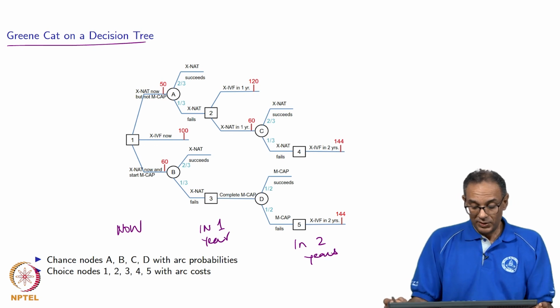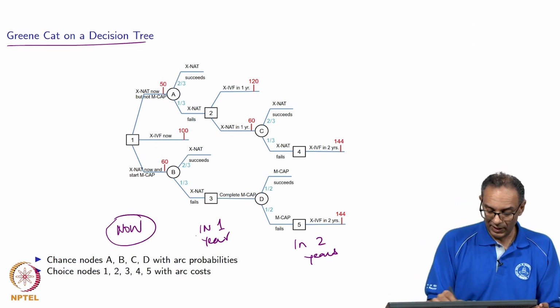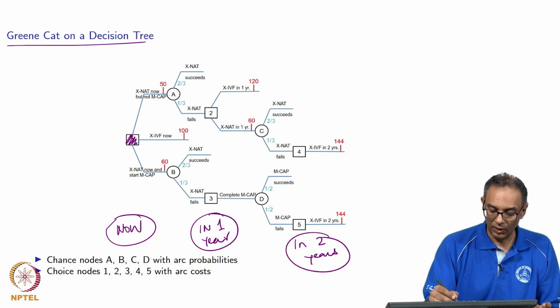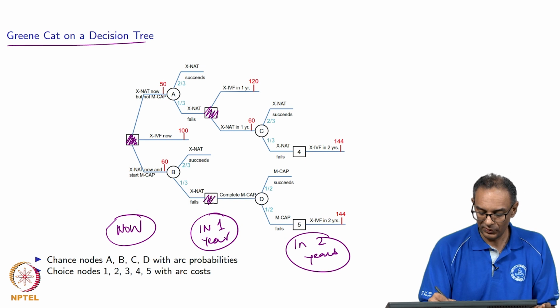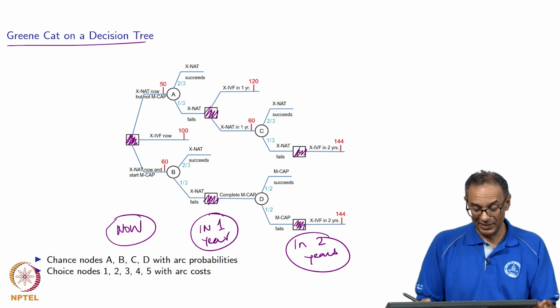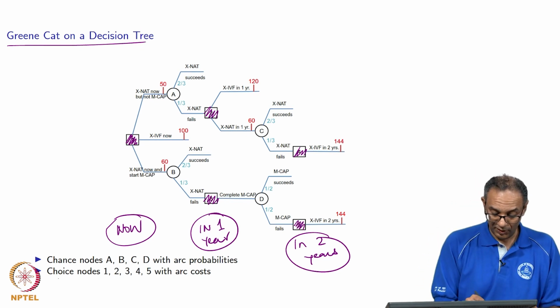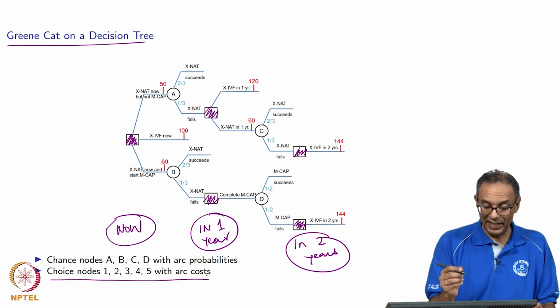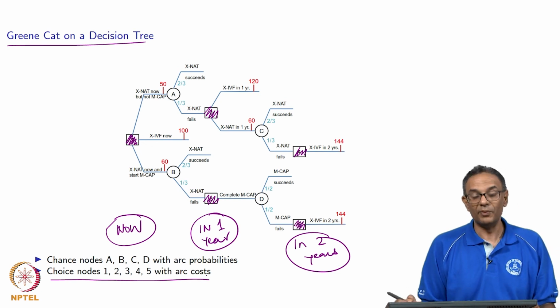Okay. So, this is how the timeline goes. This is now, this is in 1 year, this is in 2 years. So, here are your decision nodes. This is 1, this is 2, this is 3, this is 4, this is 5. The numbers 1, 2, 3, 4, 5 do not matter. These are decision nodes, or choice nodes, they are called choice nodes. And chance nodes are your A, B, C and D. Okay. These are where there are probabilities.